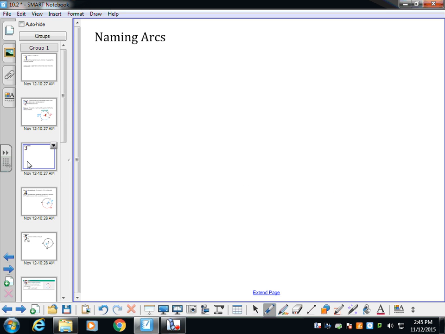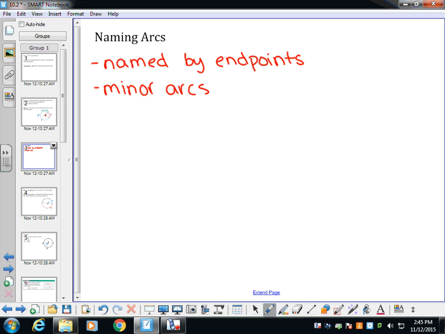Naming arcs. Arcs are named by their endpoints. Minor arcs use only 2 letters.